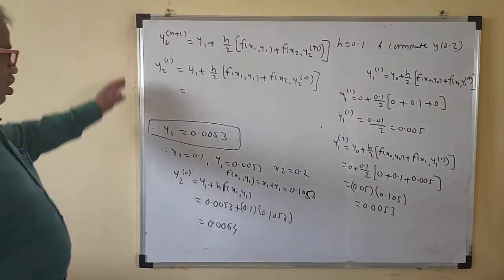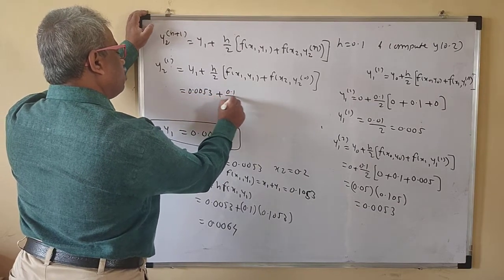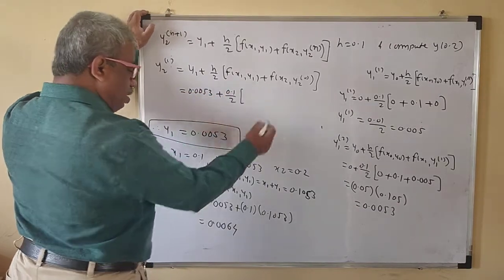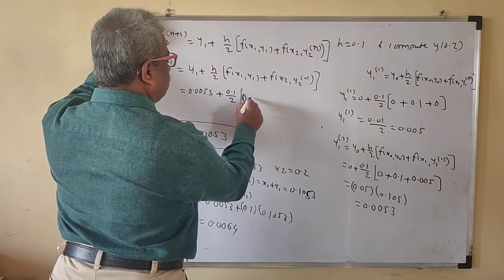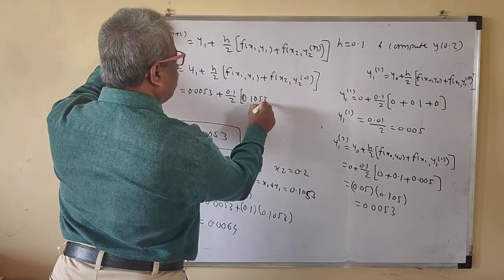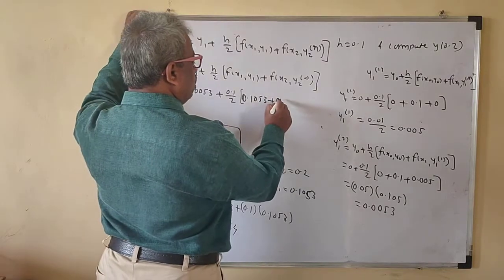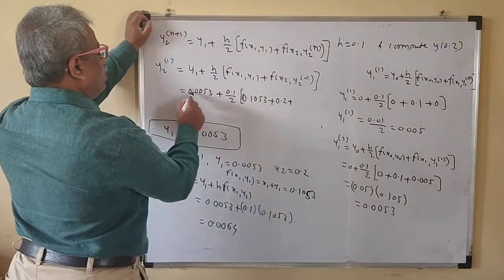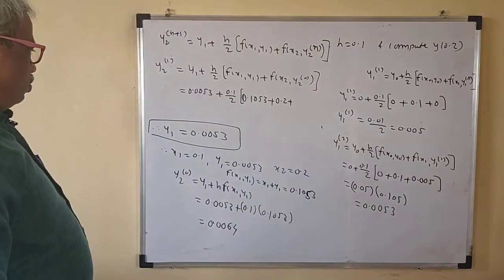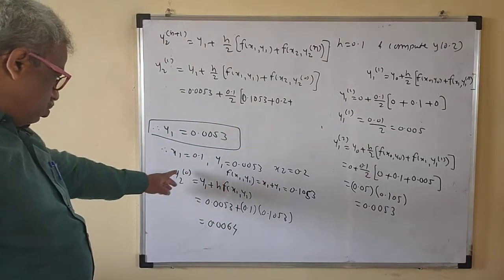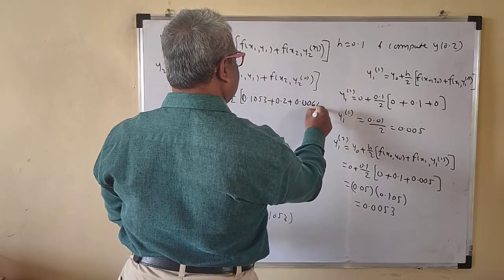Your y1 is 0.0053 plus 0.1 upon 2, then we have calculated f of x1 y1, so we will write this value directly as 0.1053, plus what is your x2? x2 is 0.2, plus y2 of 0. What is y2 of 0? y2 of 0 we have calculated, this is 0.0064.